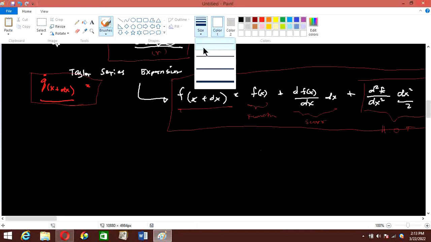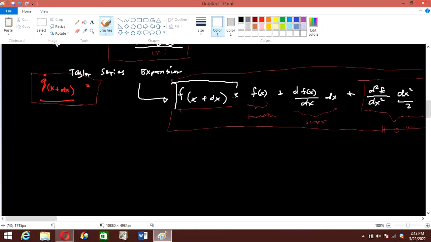Since we have this function that is q x plus dx, then we will follow this Taylor series expansion.